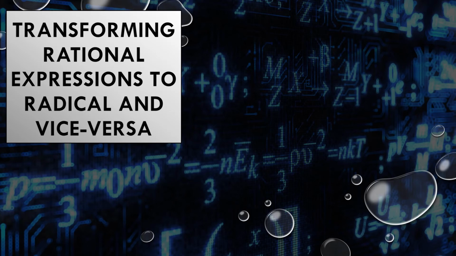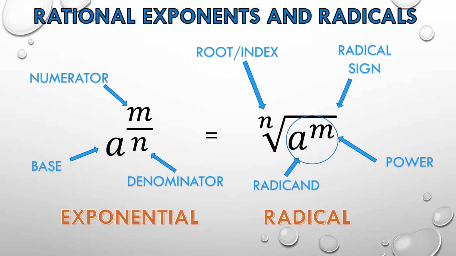And now we'll move on to transformation or transforming rational expressions to radical and vice versa. Before that, we will recall the parts of the rational expressions and the radical. So, in the rational exponents and radicals, we have two forms.